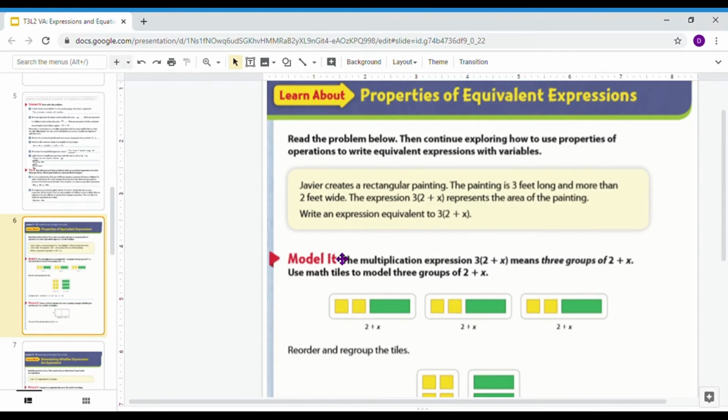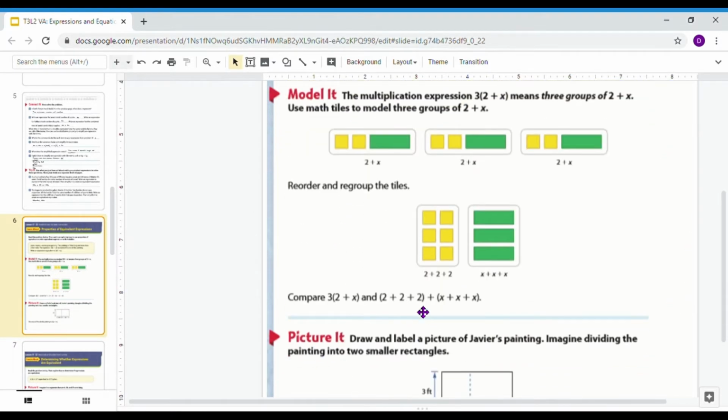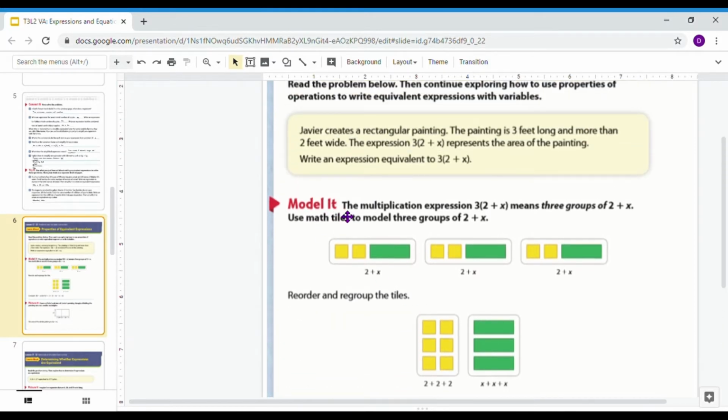So the first step that iReady always takes is modeling it and picturing it. The multiplication expression 3 times 2 plus x means 3 groups. If you look, you have 1, 2, 3 groups of 2 plus x. So I want you to think of everything that's in the parenthesis as being a group. So 2 plus x is our group.